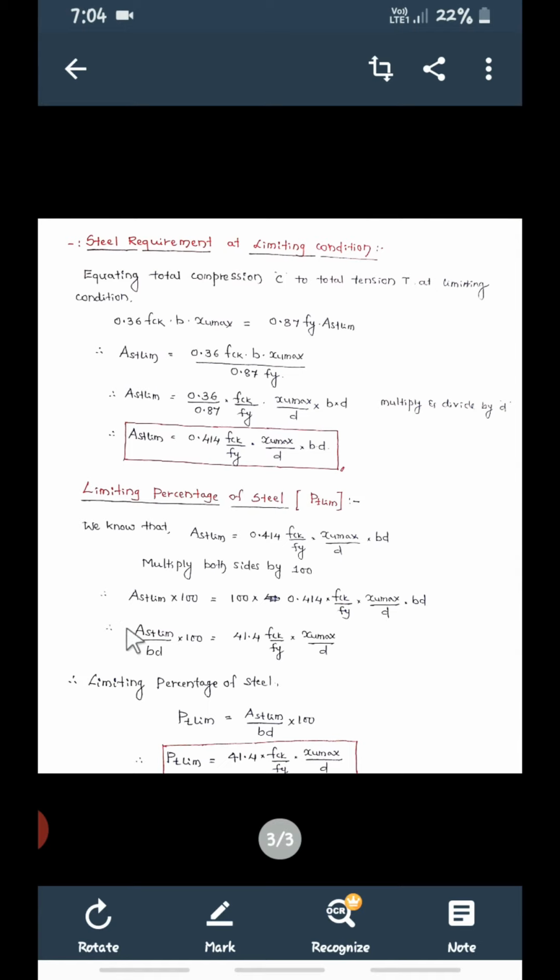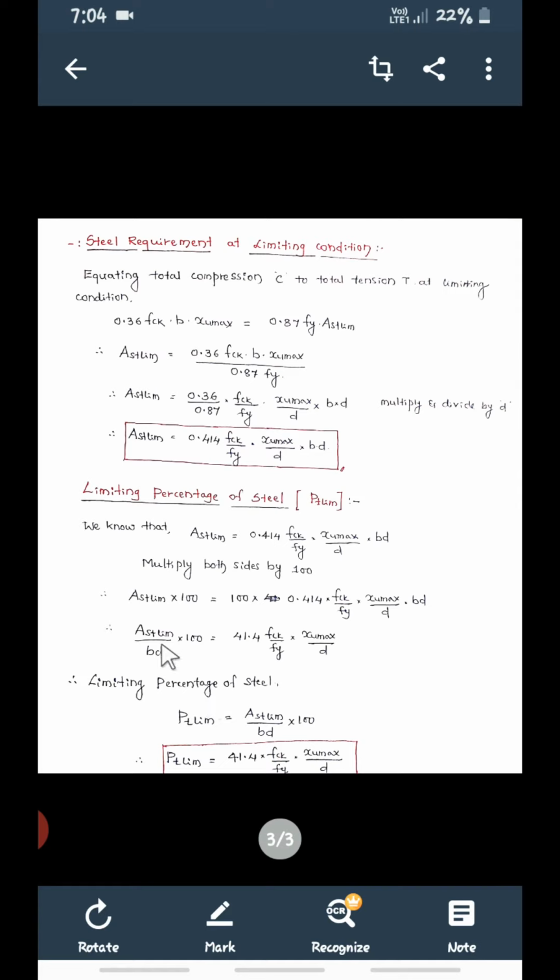Now this term, can you see this? Multiplying by 100 will give it in percentage. So AST limit divided by BD, this term I can write as PT limit. In place of AST limit upon BD it is written as PT limit. So PT limit into 100 means it will give in terms of percentage.